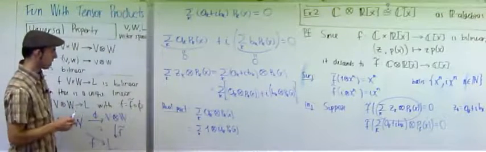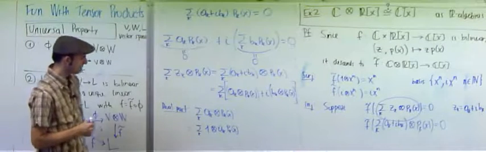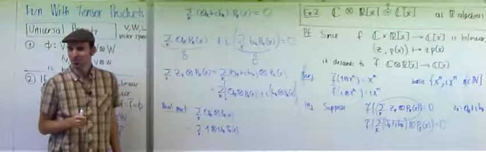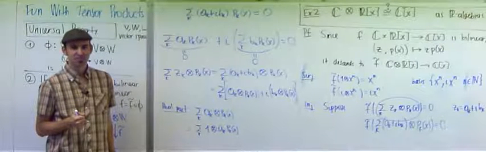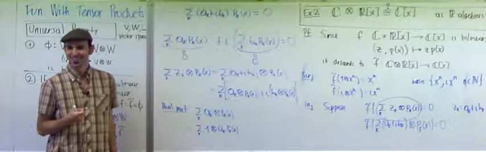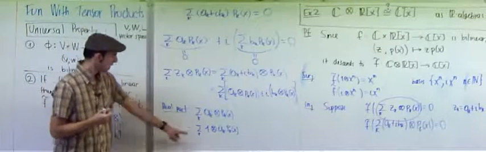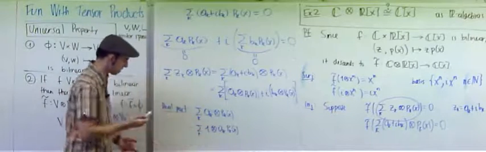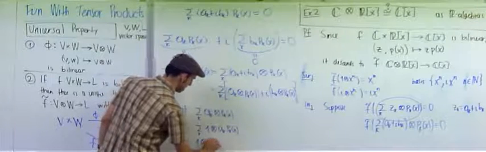And I get this. And now we're even closer. Can I move the summation into here? It looks like it's what I want to do, right? 1 tensor the summation.